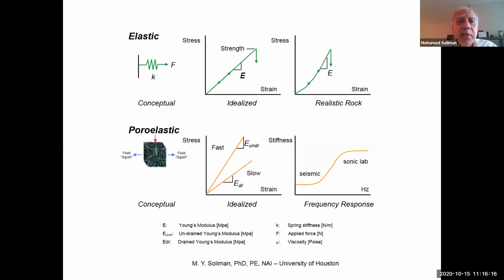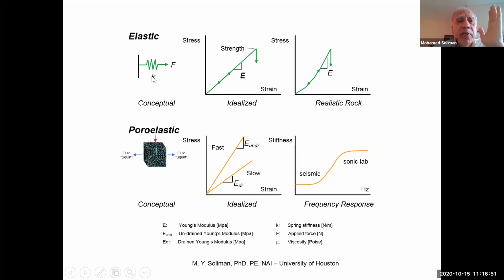So when I say linearly elastic, if I plot stress versus strain, and we'll talk about this more in a few minutes, if I increase the stress, I get more strain. It is like if I have a core and I compress it, very much as if I'm compressing a spring, as you see here on the left-hand side.